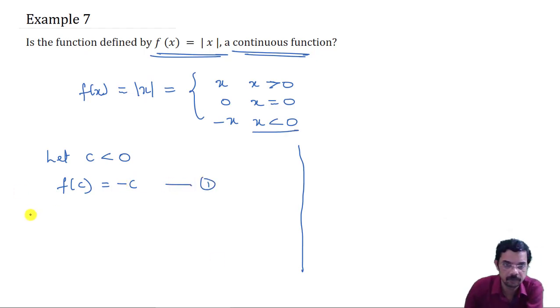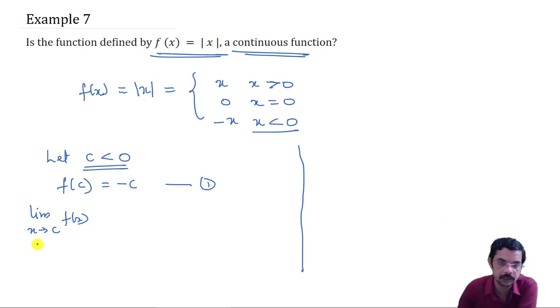Now the limit as x tends to c of f of x for a negative number. c is a negative number, c is less than 0, as given to us. For negative numbers, f of x is defined as minus x, right?